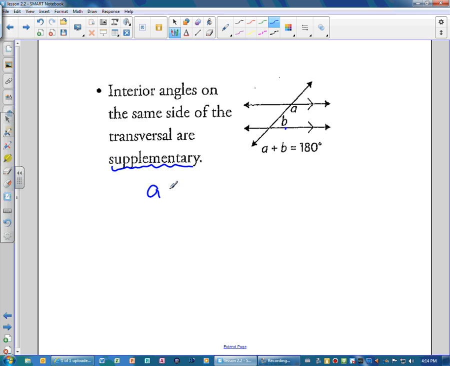Supplementary means the two angles add to 180 degrees. So A and B are interior angles on the same side of the transversal, and they are supplementary, or add to 180. We have a rule for this, it's called the C rule. Did you see the C? Right here. So they add to 180.